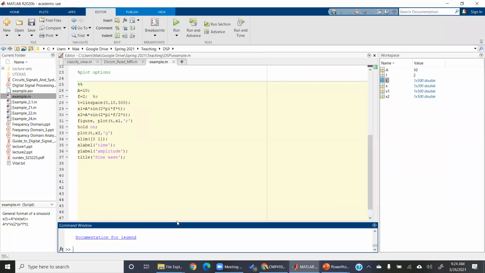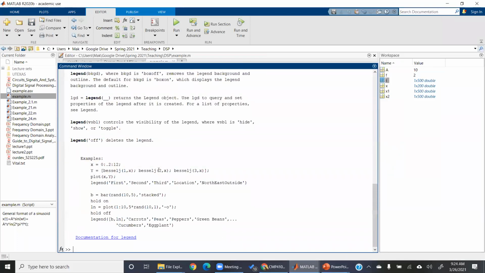This is how you use a legend, to tell you which signal is which. I think the syntax is, yeah, you just put strings following the order of the plots.